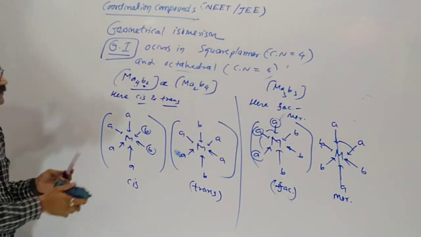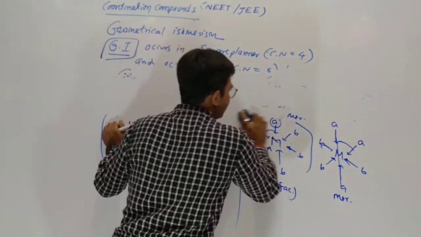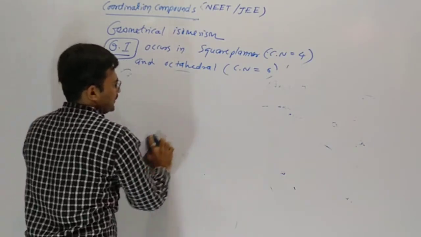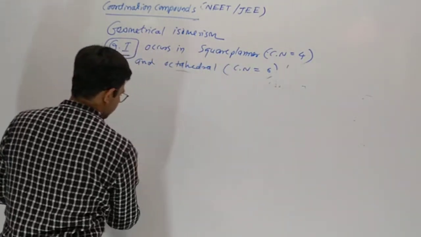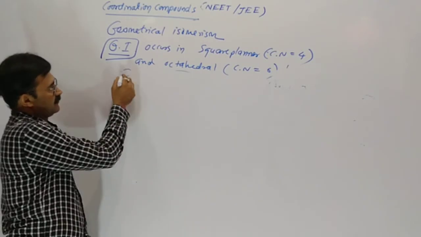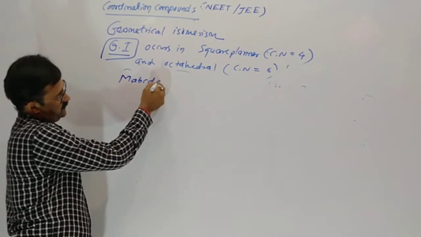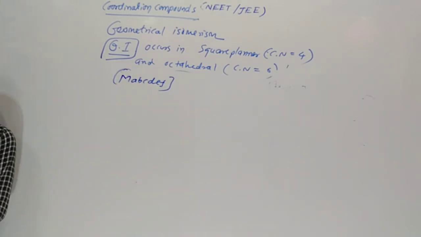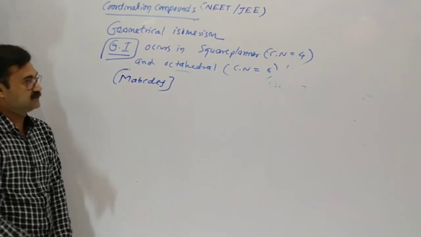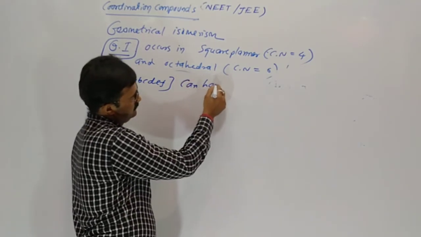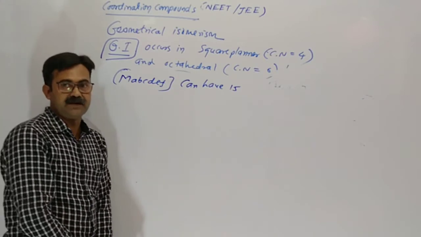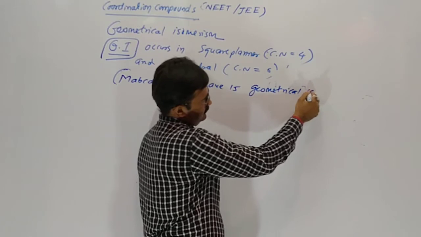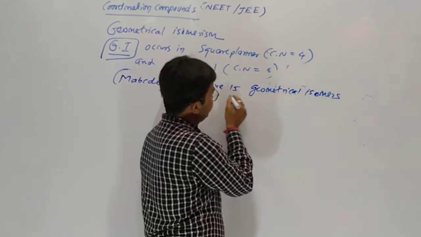Yes. Now, whenever all the 6 ligands are different, A, B, C, D, E, F can have 15 geometrical isomers. 15.